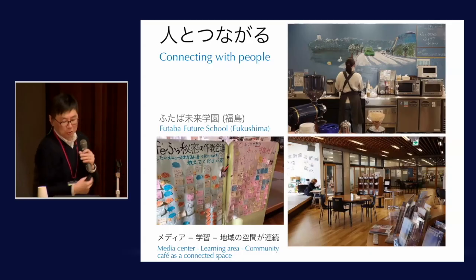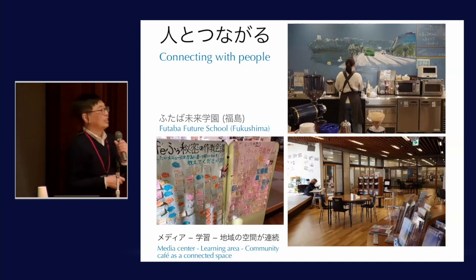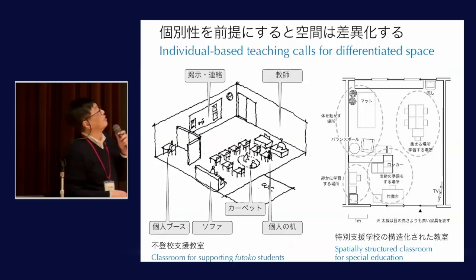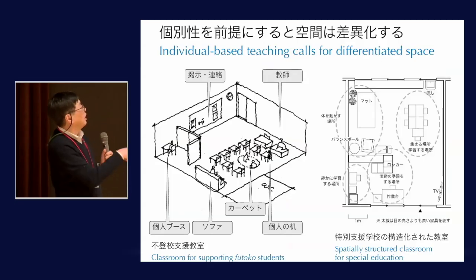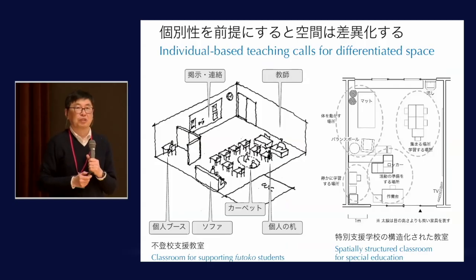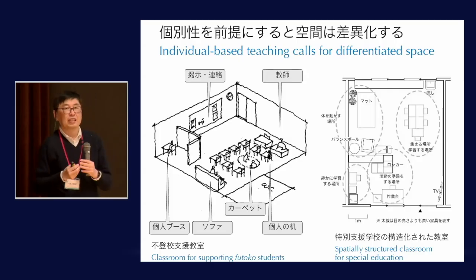However, a large space is also acceptable in the current school system. This one is very specific: the left side is a classroom to support students who don't go to school, and the right side is a specially structured classroom for special education.